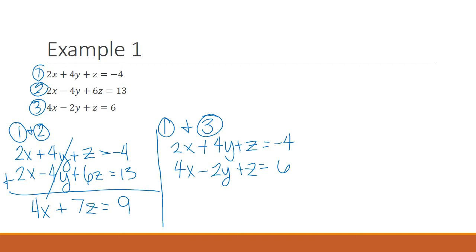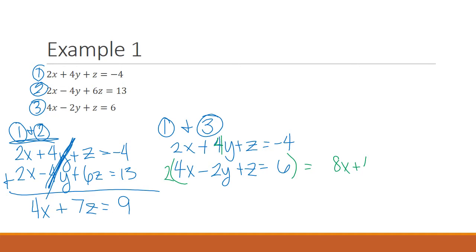Okay, so now in this first set, 1 and 2, we got rid of our y's. So that means we want to get rid of our y's in our second set. Right now we have a 4y and a -2y. If I multiply my second equation by -2, then I'm going to have minus 8x, plus, oops, I want to multiply by +2, sorry.